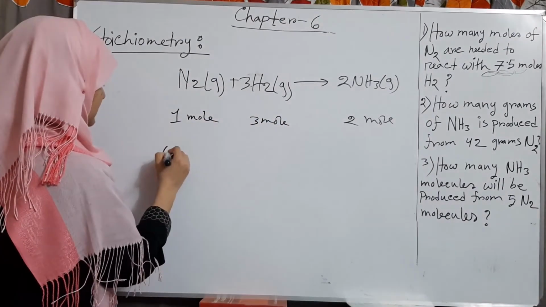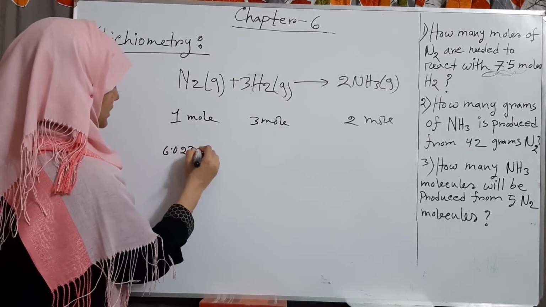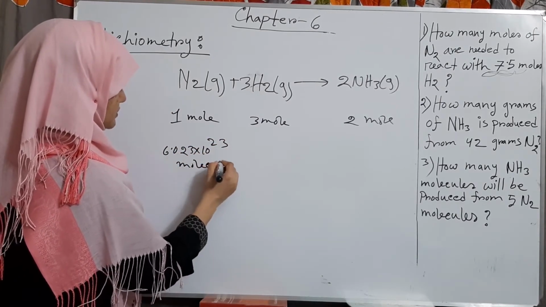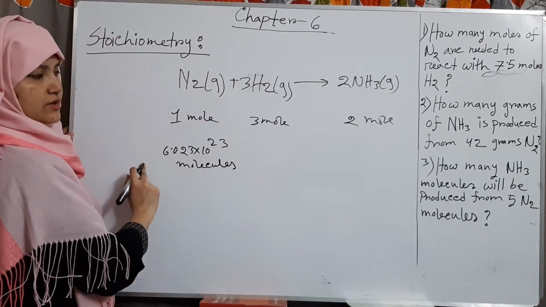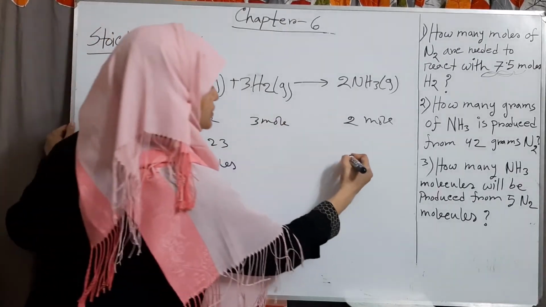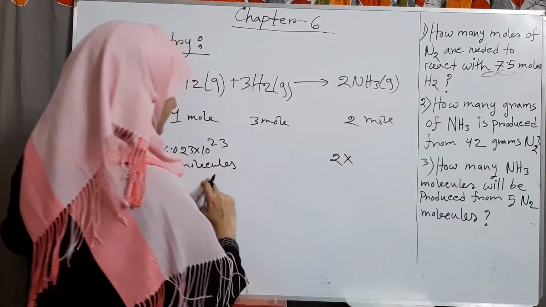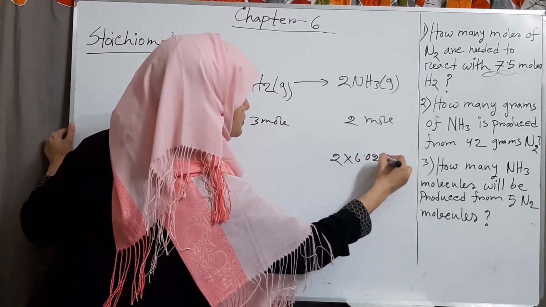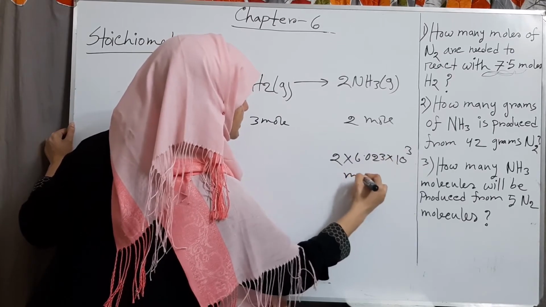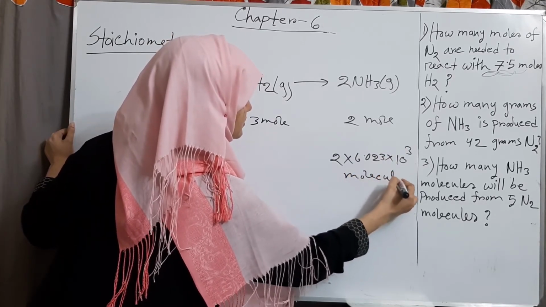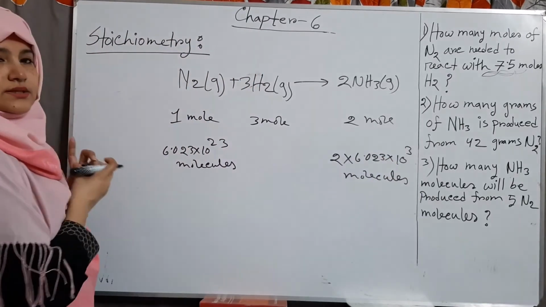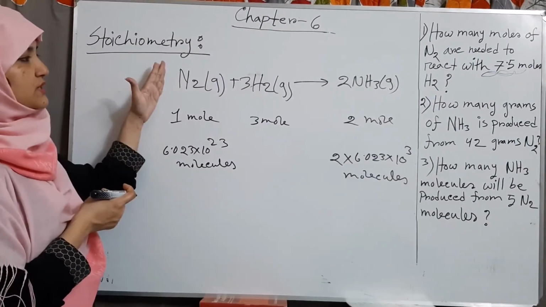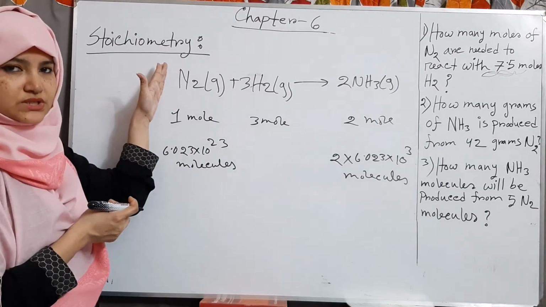That means here 6.023 into 10 to the power 23 molecules of nitrogen react with hydrogen and produce 2 into 6.023 into 10 to the power 23 molecules of ammonia. This is our stoichiometric information we get from the balanced chemical equation.